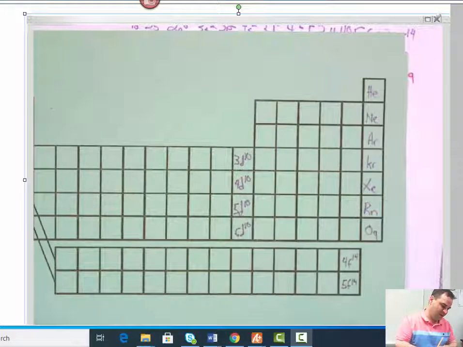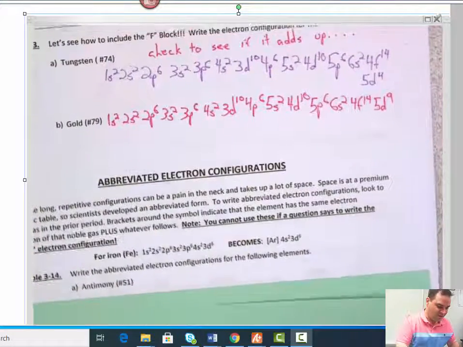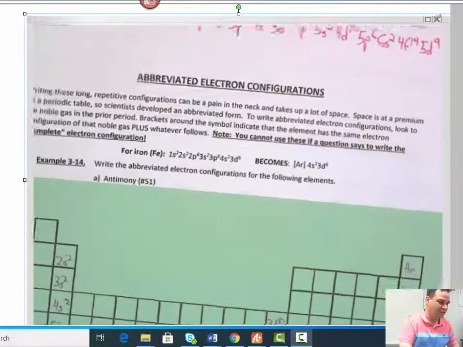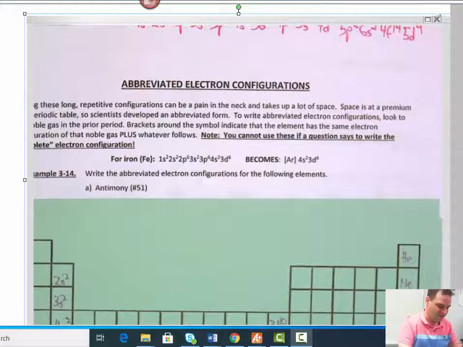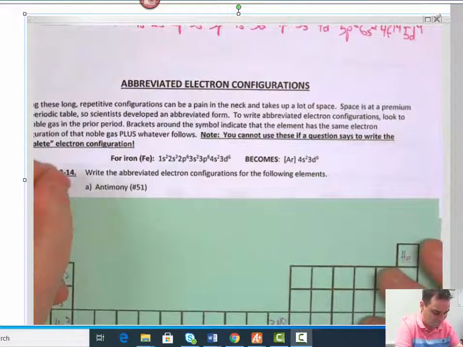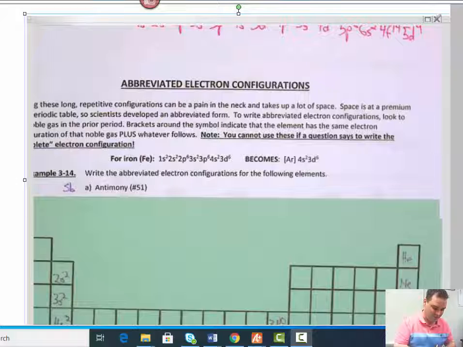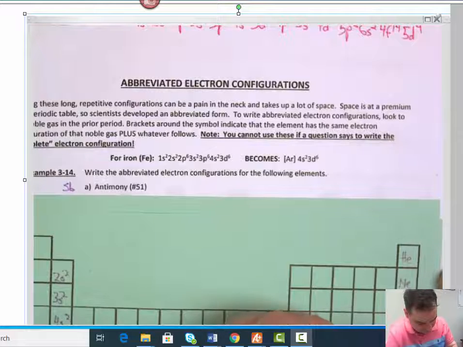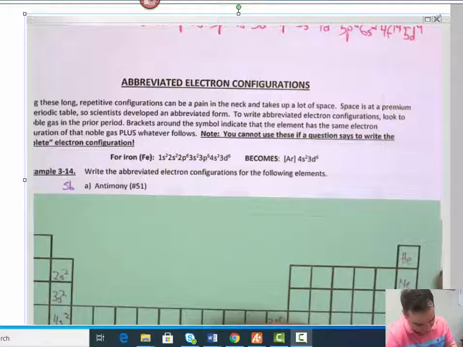Okay, so you can write out the whole electron configuration for antimony, which is Sb, by the way, element number 51, which is right here, Sb. It is in the 5d3 block.